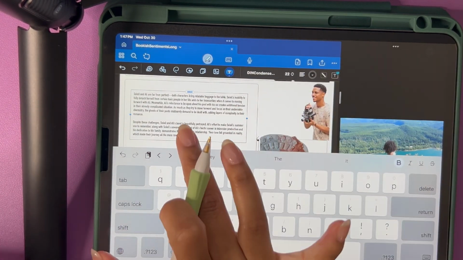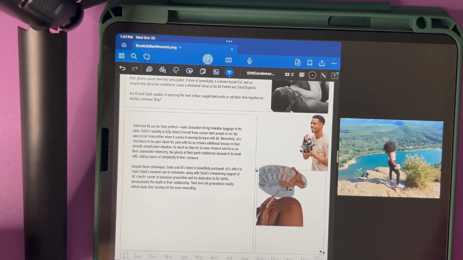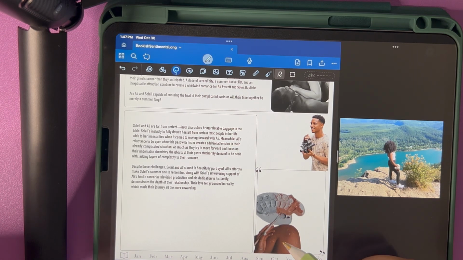But also Ali's ex-girlfriend is allegedly friends with Soleil, even though that girl is really not her friend. And I spent most of the book like, girl, that is not your friend.